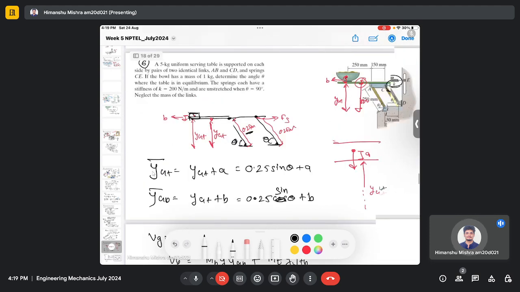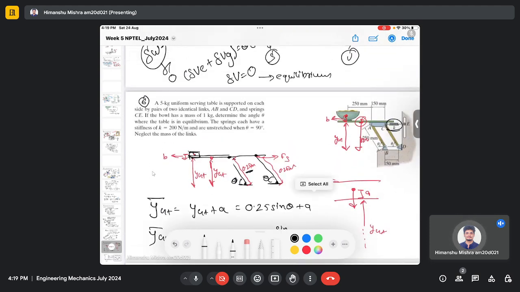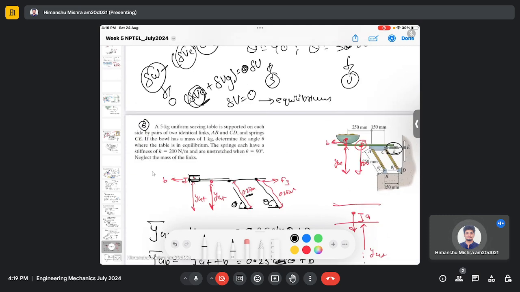Similarly, you can write down the potential energy due to the elastic member here, because it should be the summation of potential energy from the elastic member and from the gravitational field.